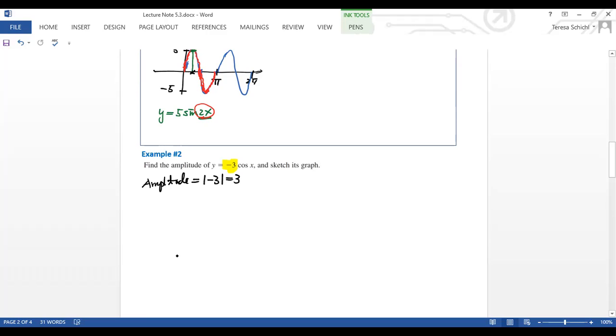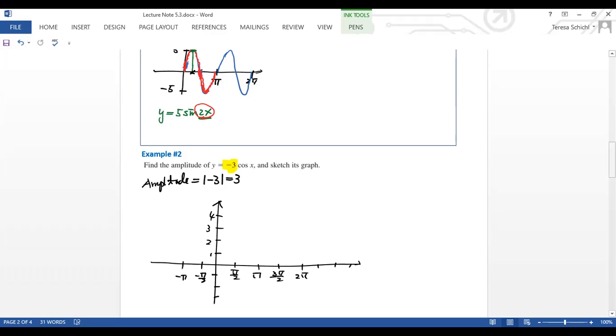Now let's see if we know how to graph this. This is pi over 2, this is pi, this is 3 pi over 2, this is 2 pi. This is negative pi over 2, negative pi. So this is 1, 2, 3, 4, and negative 1, 2, 3, 4.